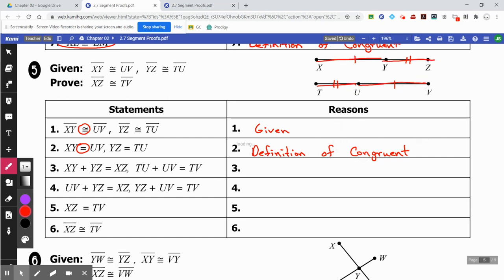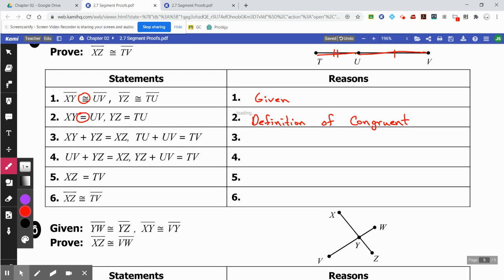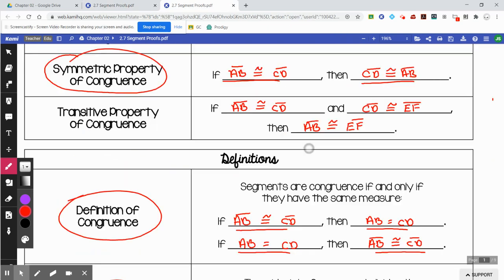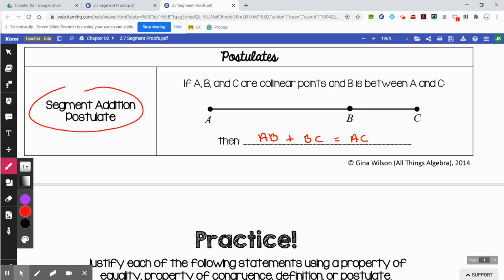First off, the whole thing is simply this line segment plus this line segment, and that's what you have in this next step. XY plus YZ is equal to the whole thing. TU plus UV is equal to the whole thing. That is your segment addition postulate. Again, let me scroll down. The segment addition postulate says this little piece and this piece is equal to the whole piece.